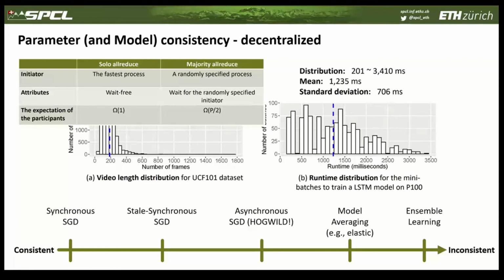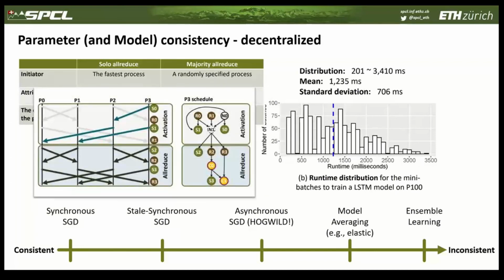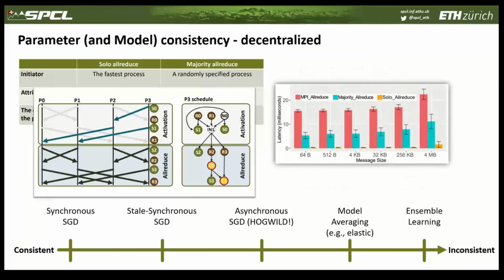So partial all reduce, where we have two versions, one where at least one of the processes has to participate, and another where we can actually see that the majority of the processes have participated in the all reduce.